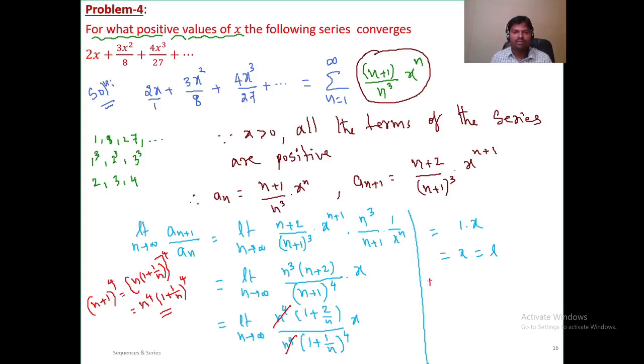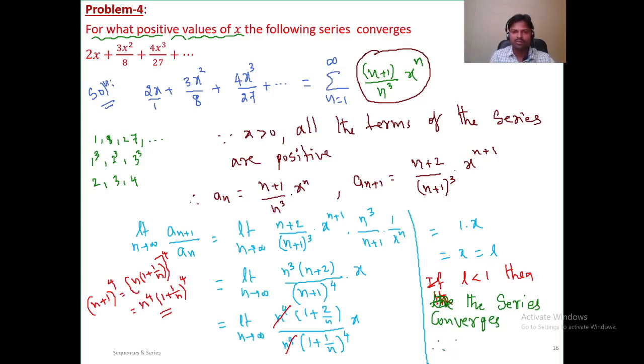So therefore, if L is less than 1, then the series converges, right? Therefore I want L less than 1. L less than 1 means x is less than 1.